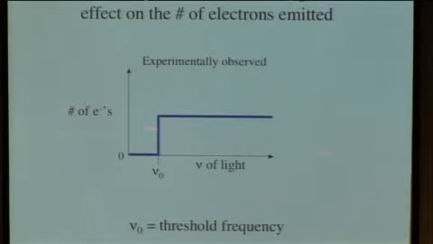And amazingly, the number of electrons actually had no relationship at all to the frequency of the light. And this didn't make a lot of sense to people at the time, because they thought that the frequency should be related to the number of electrons that are coming off, because you have more frequency coming in, you'd expect more electrons that are coming off. This wasn't what people were seeing.